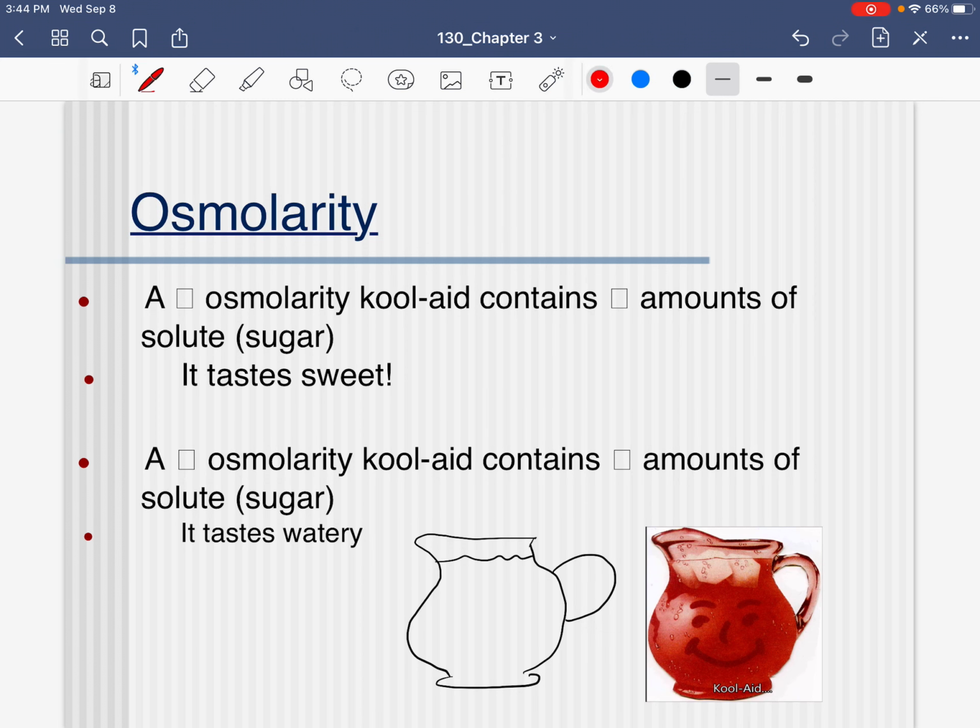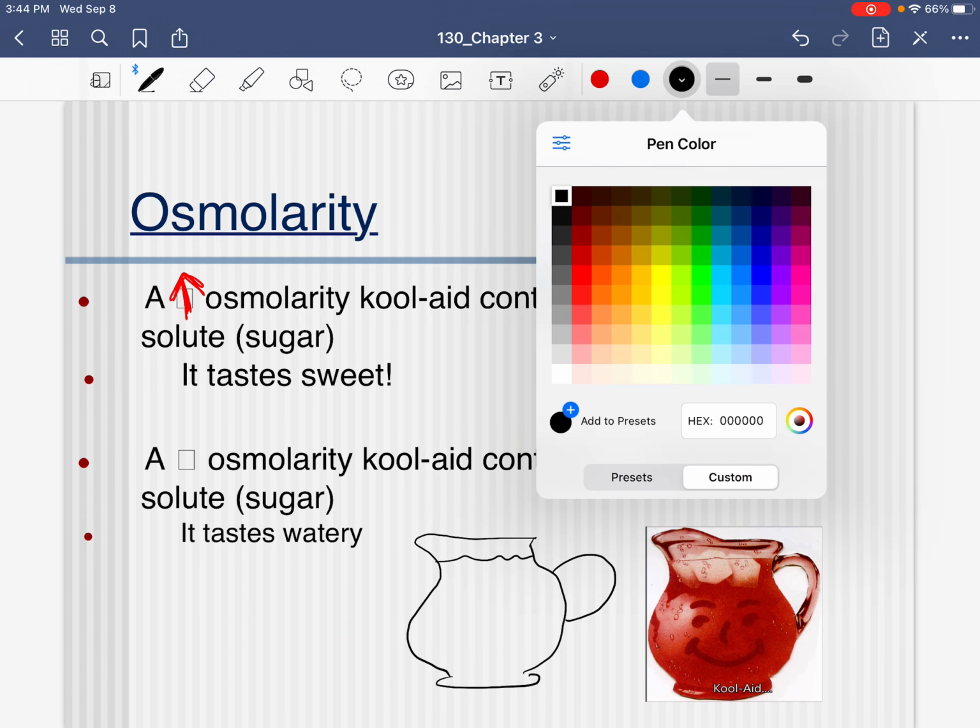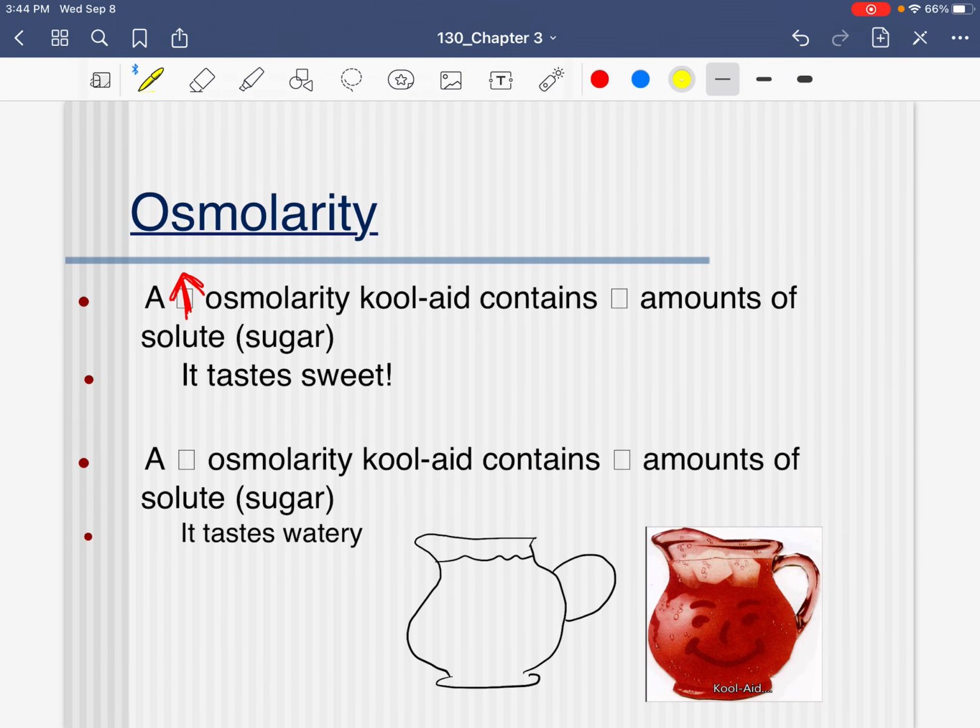Okay, so let's make a high osmolarity Kool-Aid. In a high osmolarity Kool-Aid, we're going to add a lot of sugar. So it's high osmolarity because it contains a high amount of solute.